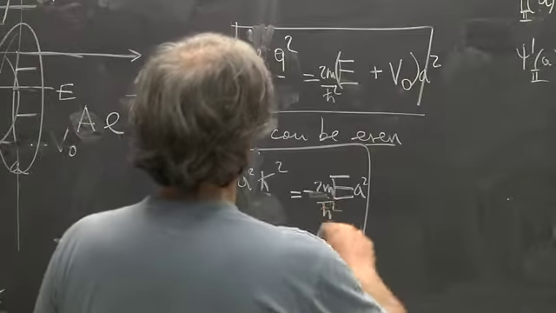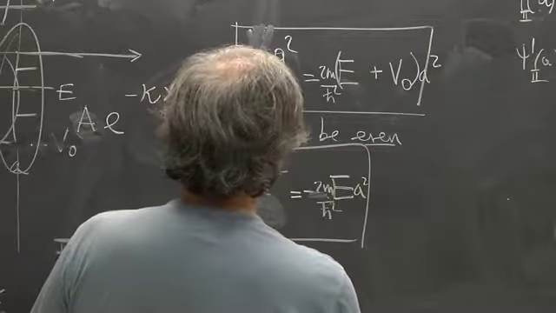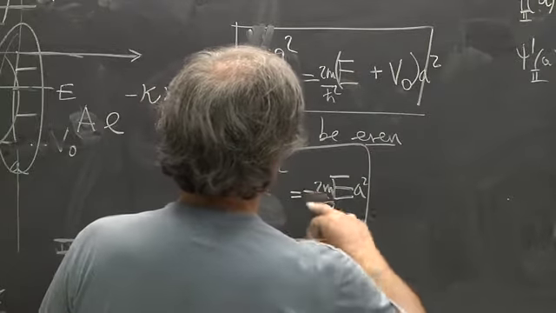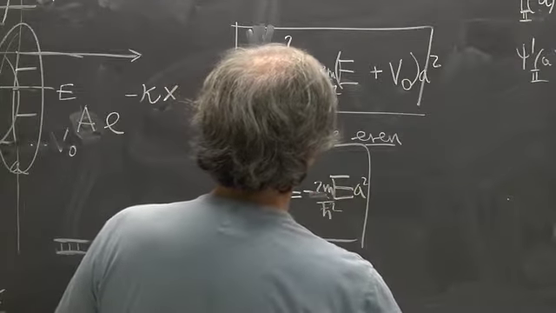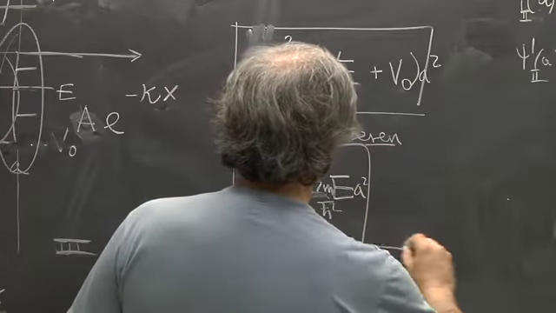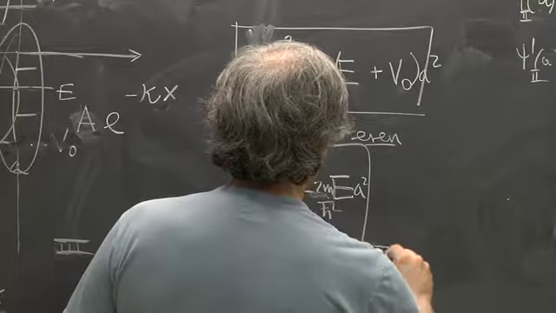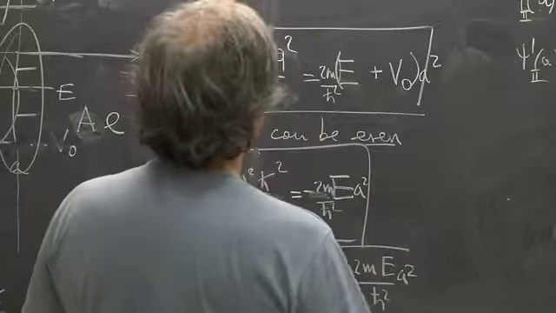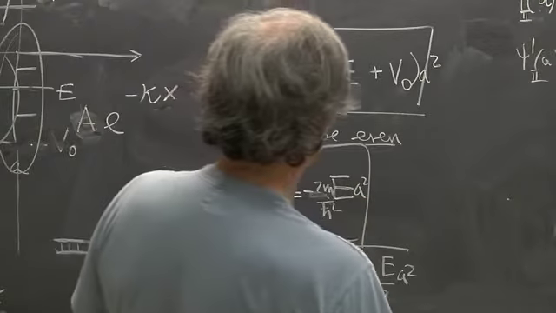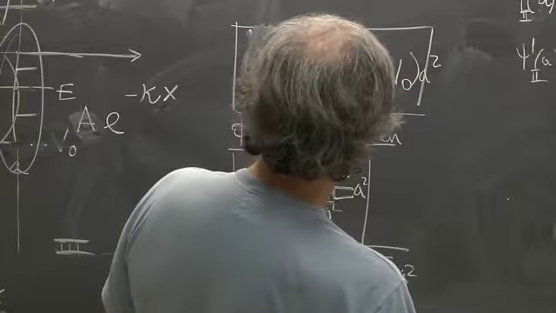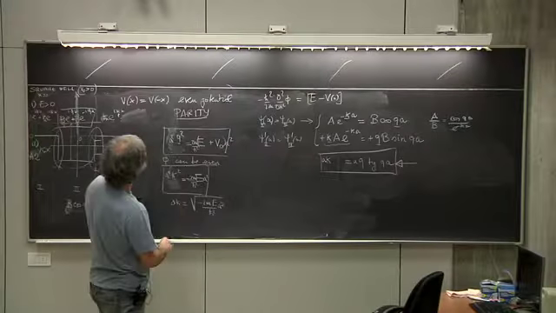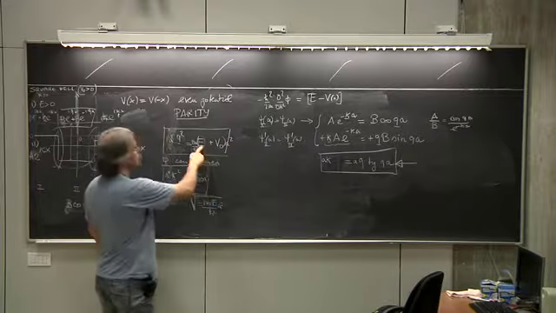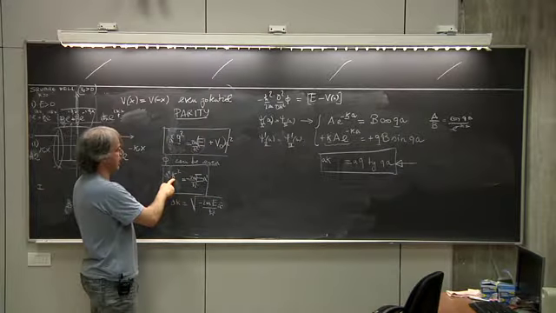So you see that I have here a quantity that is, for instance, a k, which is the square root of minus 2me over h bar square a square. And similarly here I have a similar object. Notice that this object here is minus k square.